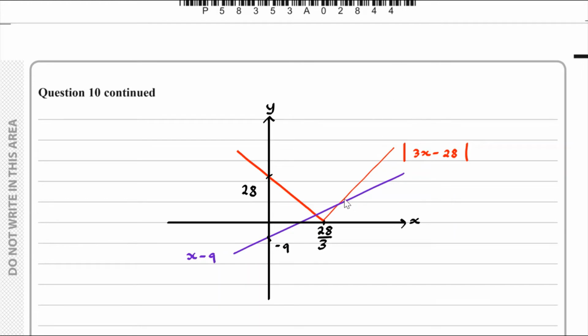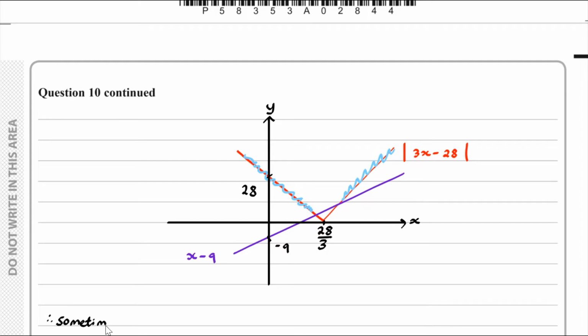So that would represent all this region here. And we've also got the other part, x is less than or equal to 9.25. That's all this bit over here. And that's where 3x minus 28 is greater than x minus 9. So therefore, hopefully you can see that the result is sometimes true.